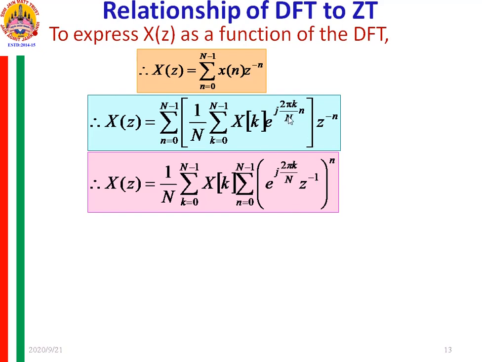See here, this is e raised to j 2 pi k by capital N, and this z raised to minus n, so we have taken z raised to minus 1 and this entire term raised to n here. Now, the summation is varying from 0 to N minus 1. Now, if you express it in terms of a closed form, what is the closed form of this? See, n is varying from 0 to N minus 1.